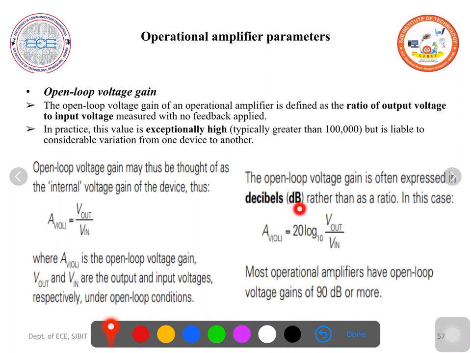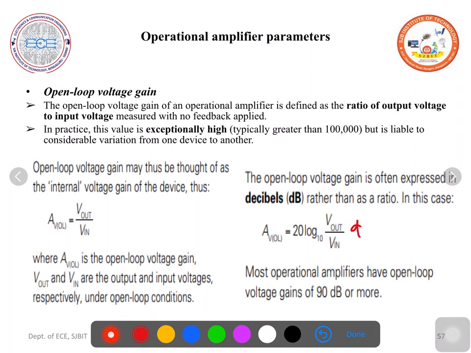Usually this open loop voltage gain is expressed in decibels. If you observe here, d is a small letter and B is a capital letter. This Bell is nothing but Alexander Graham Bell, who invented the telephone. This is the name of a person, so you must always write B capital. So decibel.